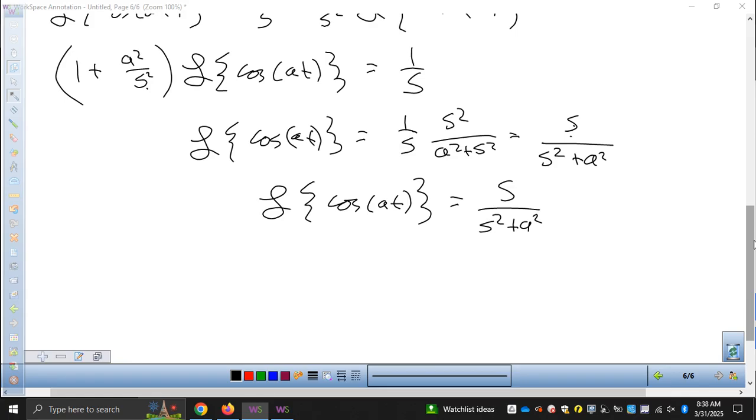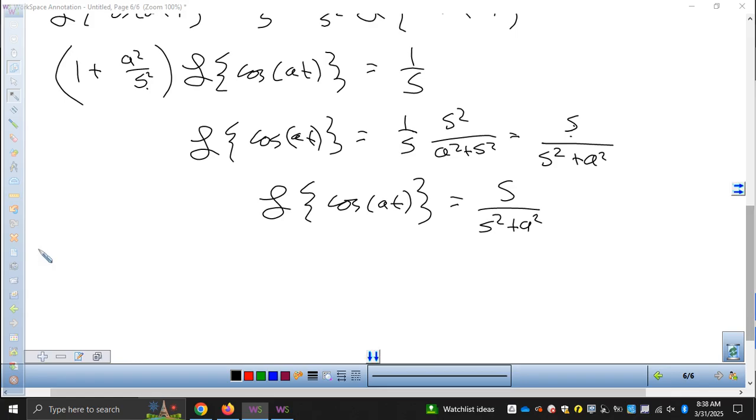Or sorry, sine of at. And again, thankfully, we don't have to apply the definition over and over and over again. Tables of Laplace transforms have been developed, and in general, we can use a table. Sometimes we have to manipulate the function that we have to get it in the form of something that we can find the Laplace transform of. But once we do that, we can use a table.